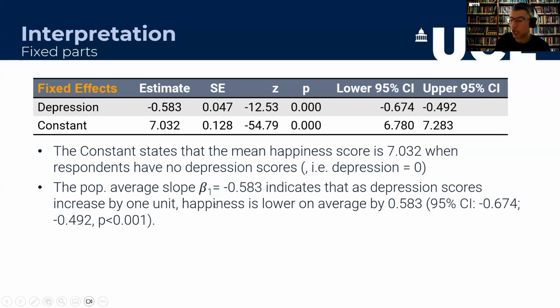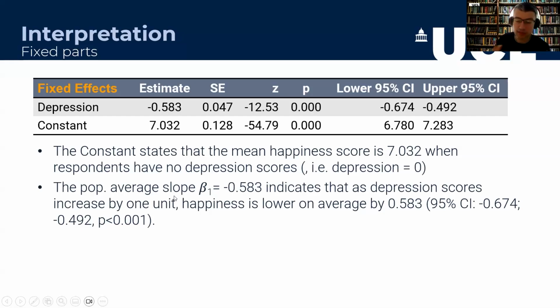relationship, suggesting that when depression scores go up by 1 unit, we can expect happiness scores to reduce by somewhere in between 0.49 and 0.67, with an average lower score of 0.58.